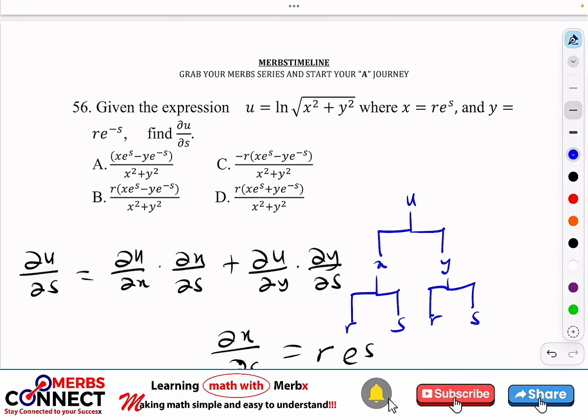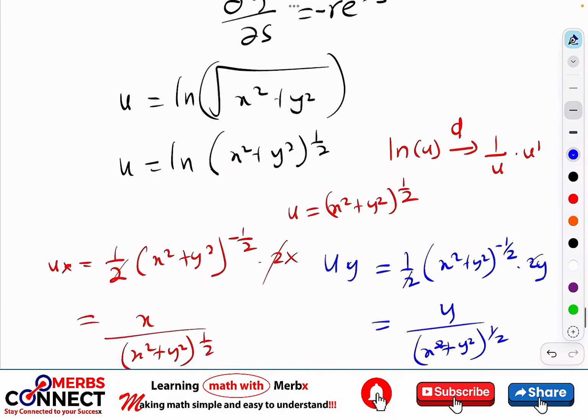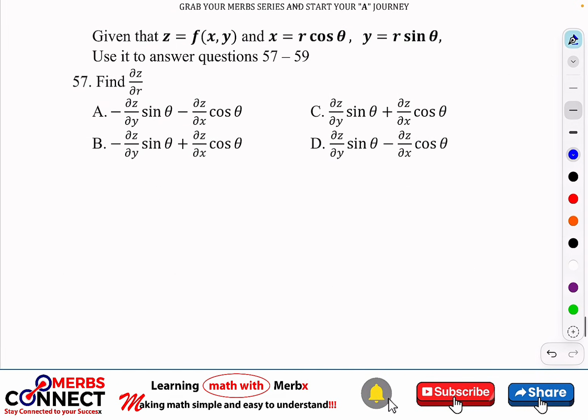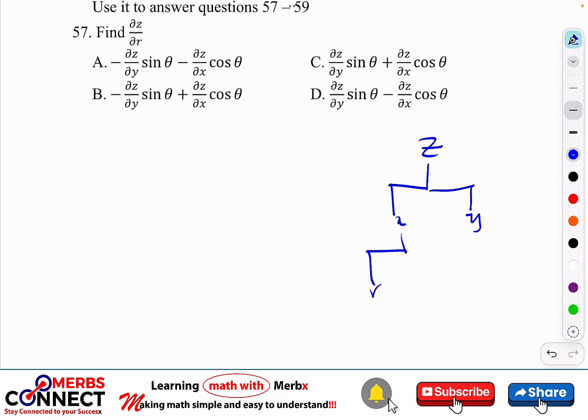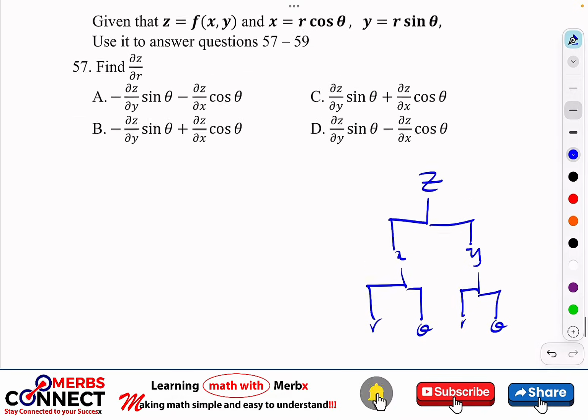So the answer should be this one. Yes, that's it. Okay, I think we've done this, right? Yes, we've done this. Yeah, I remember having z moving to x, y, and then this moving to r and this moving to theta. But you can also do it, right?